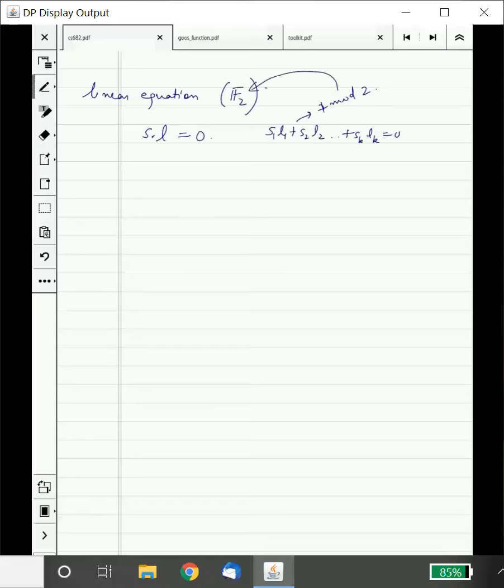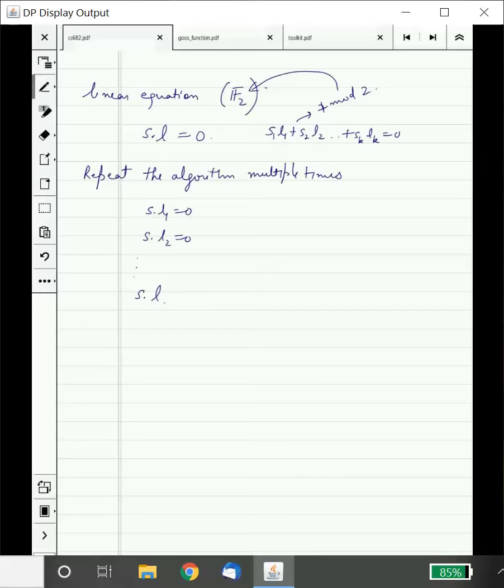One linear equation can't help, but we know Gaussian elimination. So if we repeat the algorithm multiple times, we will get S dot L1 equal to 0, S dot L2 equal to 0, and so on, up to S dot LG equal to 0.